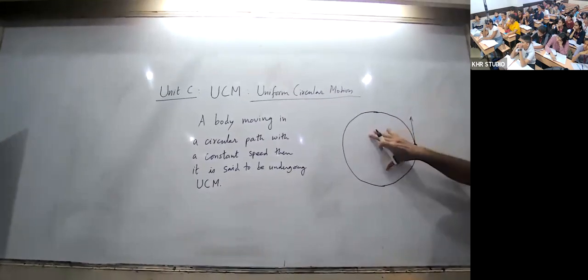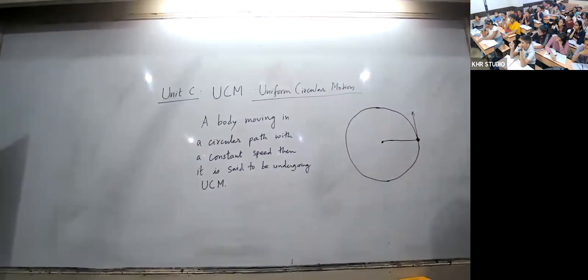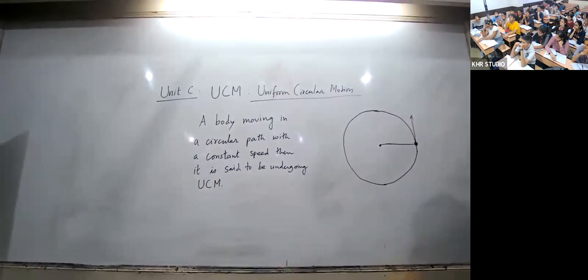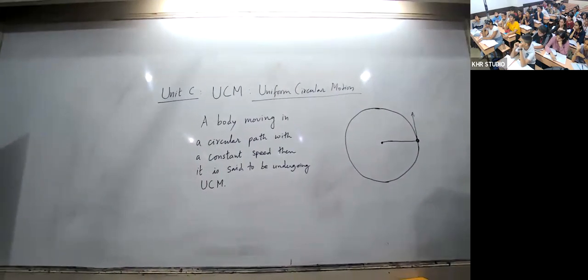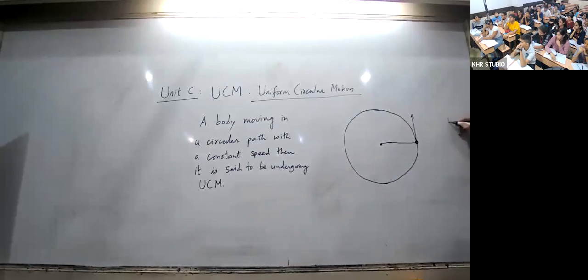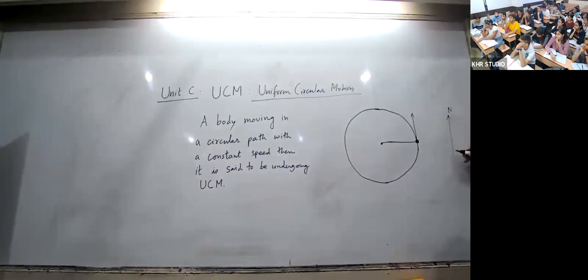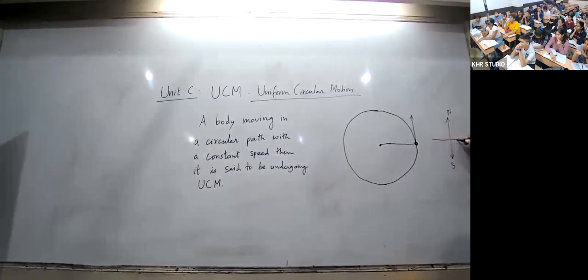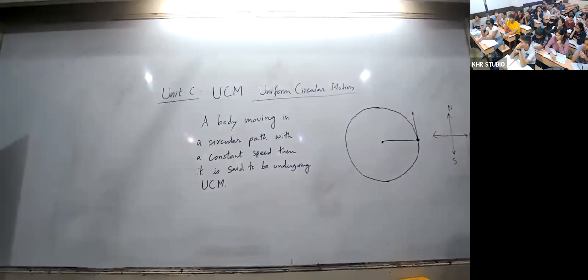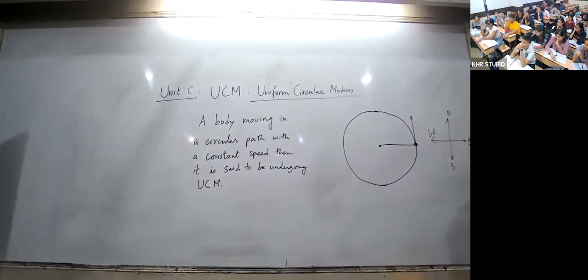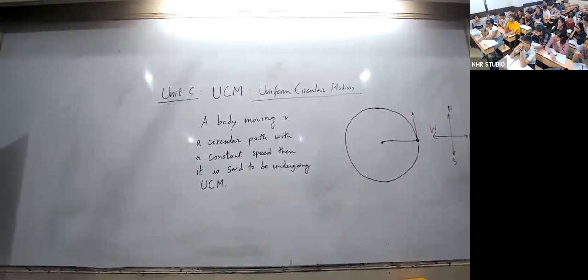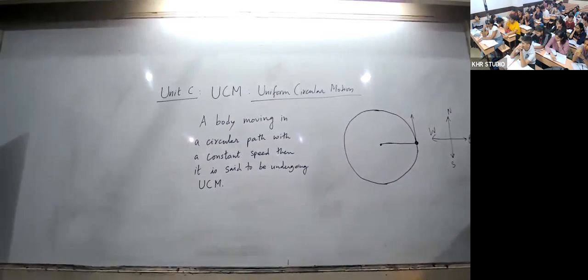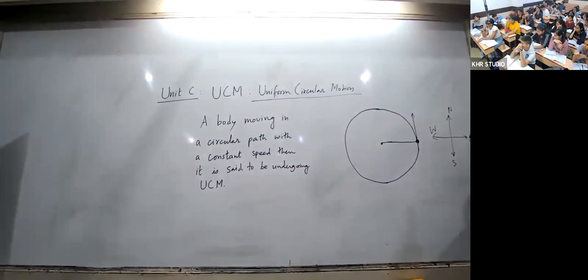Now imagine this is the plane of the board. If it was in your notebook, then it is going north. So the direction is north, south, east, west. If it is rotating like this, then it would have gone north.